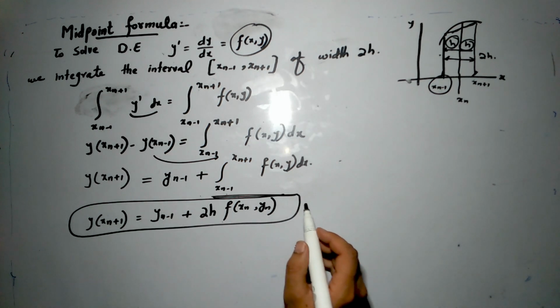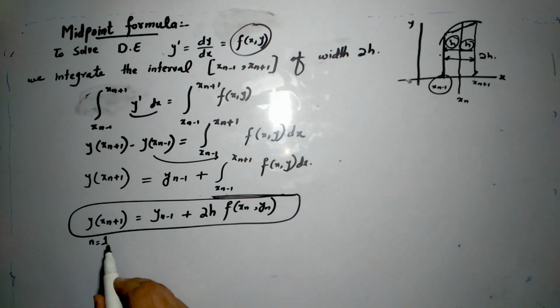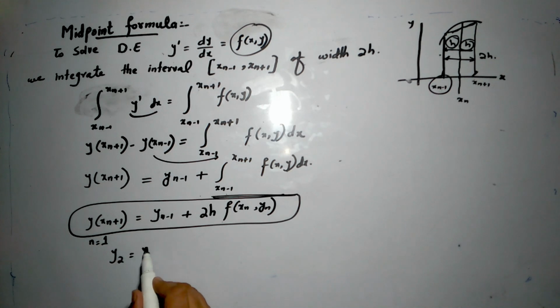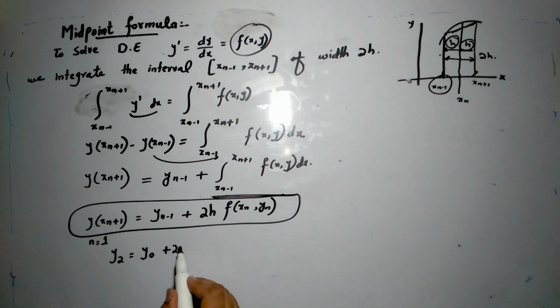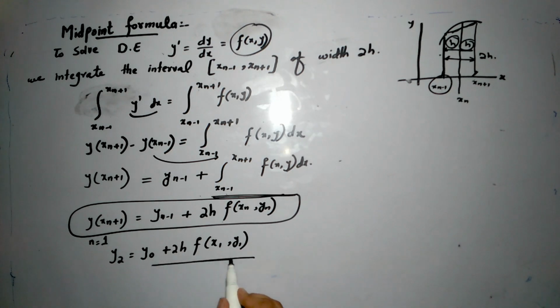Here if we take n is equal to 1, this will be y of 2 is equal to y of 0 plus 2h f of x1 and y1. So this is our midpoint formula.